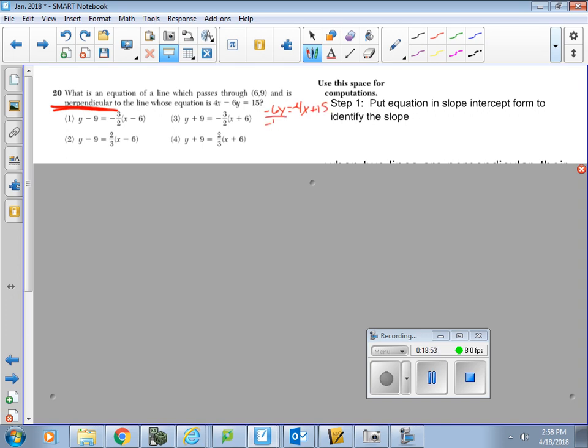Then I'm going to divide everything by negative 6. Divide by negative 6, and you end up with y is equal to negative 4 divided by negative 6 is positive 2/3, and then the y-intercept really doesn't matter in this case, but that's going to be 15 over 6. Let's reduce that. That's going to be 5 over 2.